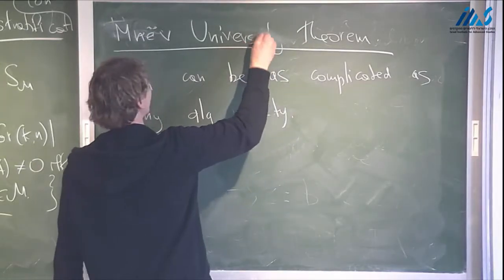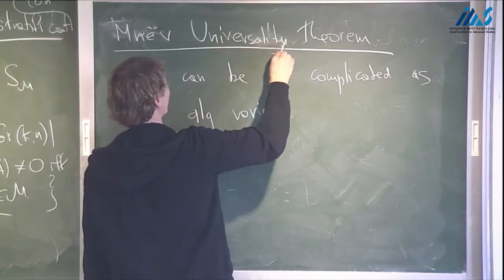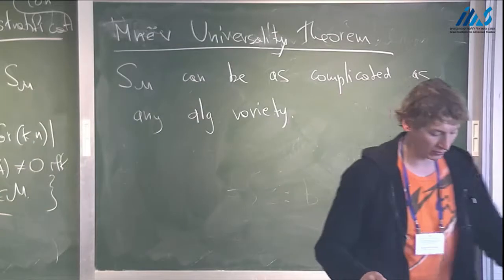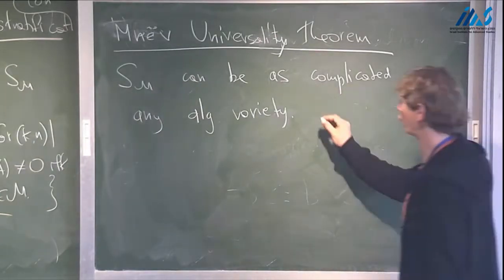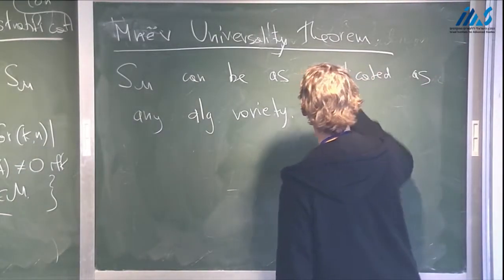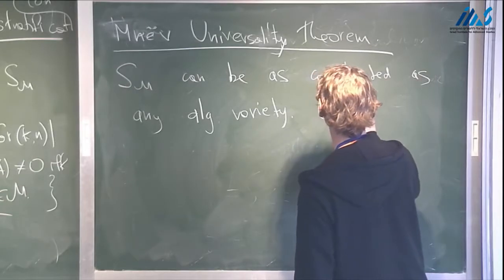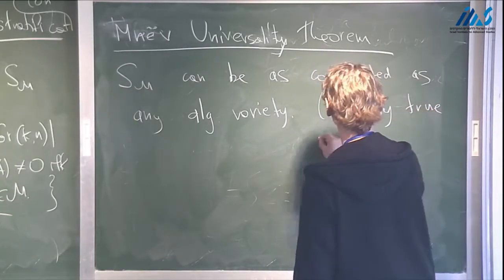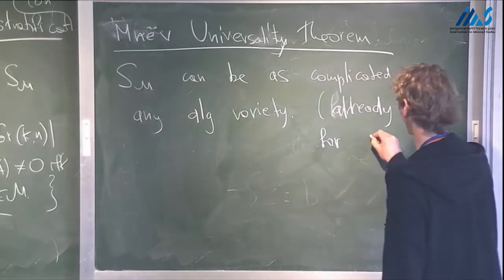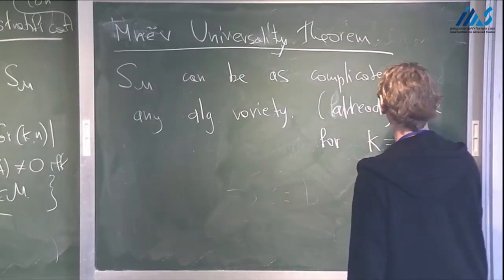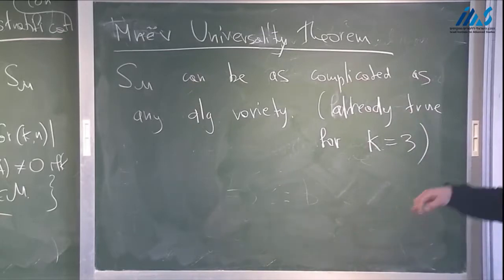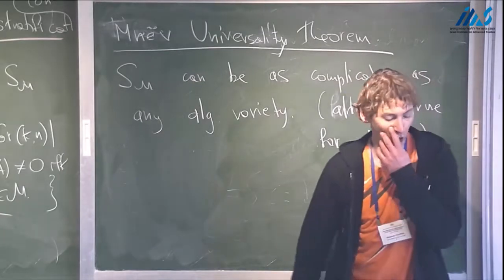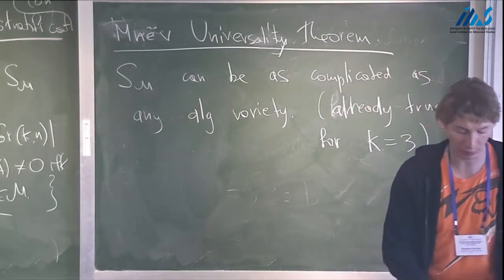The Mnëv universality theorem is already true for Matroids of rank k equals 3. Even for Matroids of rank k equals 3, the corresponding cells can be as bad as you can imagine.